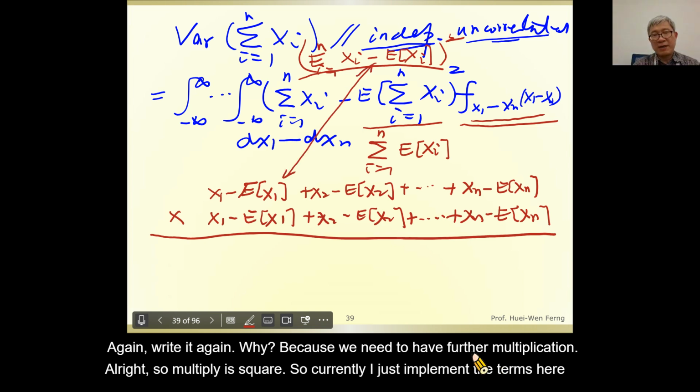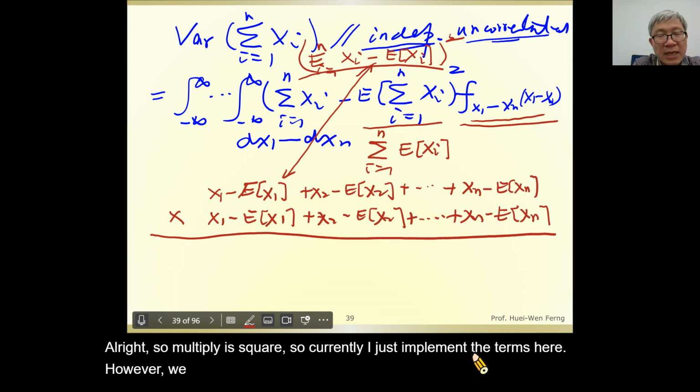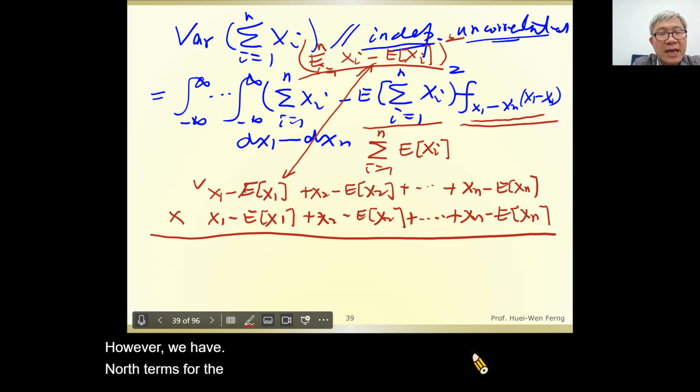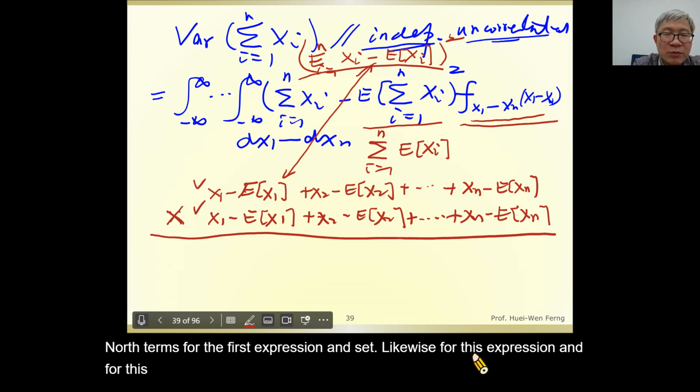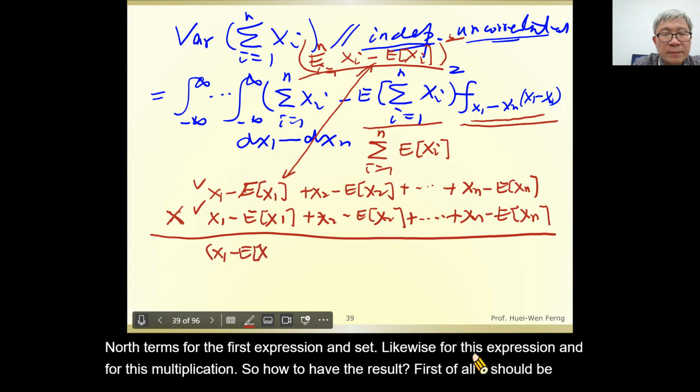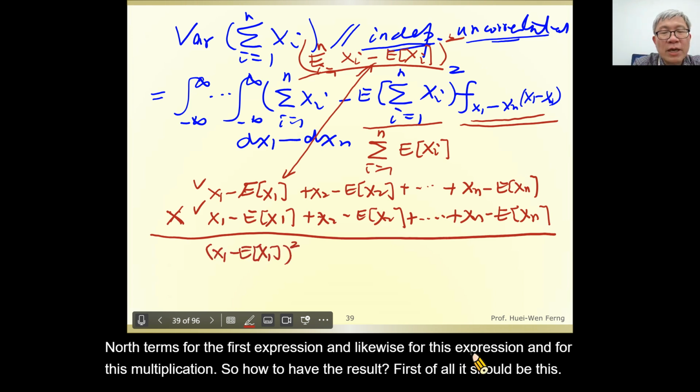We have n terms for the first expression, and likewise for the second expression. For this multiplication, how do we get the result? First of all, we have the square terms.